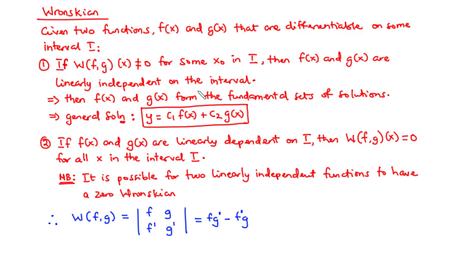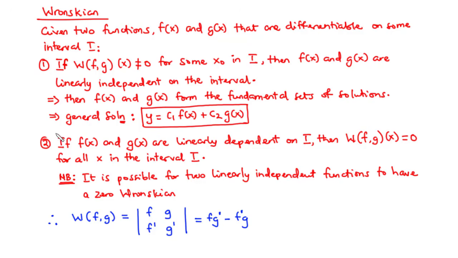Because you are considering a second order linear homogeneous differential equation, if the Wronskian is not equal to 0 and the two functions are linearly independent on the interval, then f of x and g of x are said to form the fundamental set of solutions. In that case the general solution can be obtained using this formula.